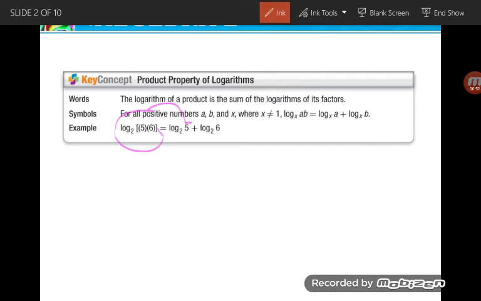And the opposite: if you have log 5 base 2 plus log 6 base 2, you can convert it to the product of 5 and 6, log of 5 times 6 for base 2. So multiplication can be converted to addition, and addition can be changed to multiplication.